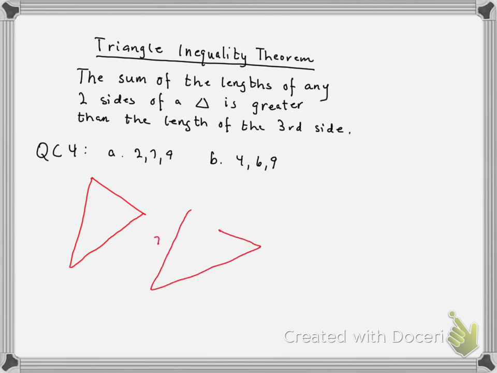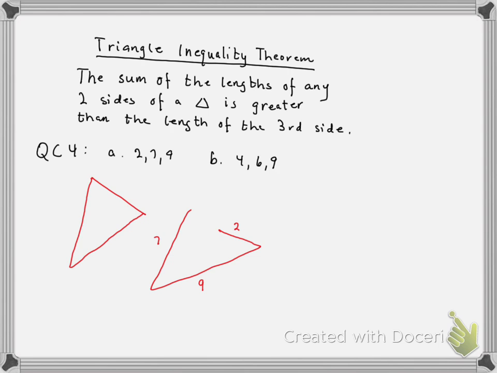Say that's the side length 7, 9, and that's 2. It very well might be the case that the side length of 2 there is just not long enough to close up the triangle. So this is what the triangle inequality theorem tells us. Can the three sides given even form a triangle?